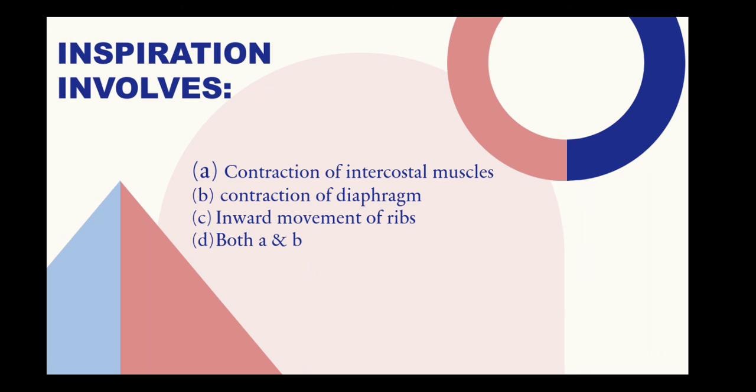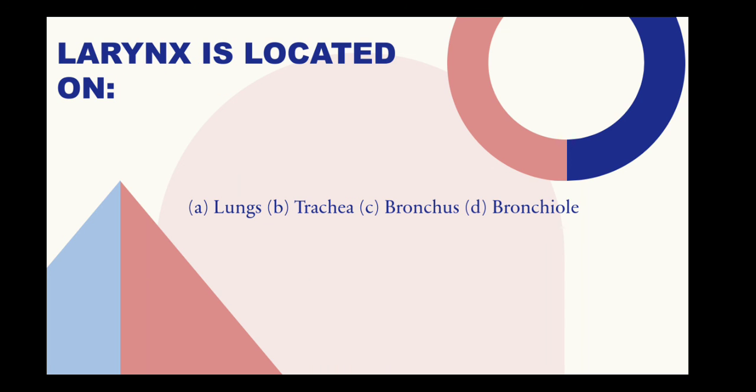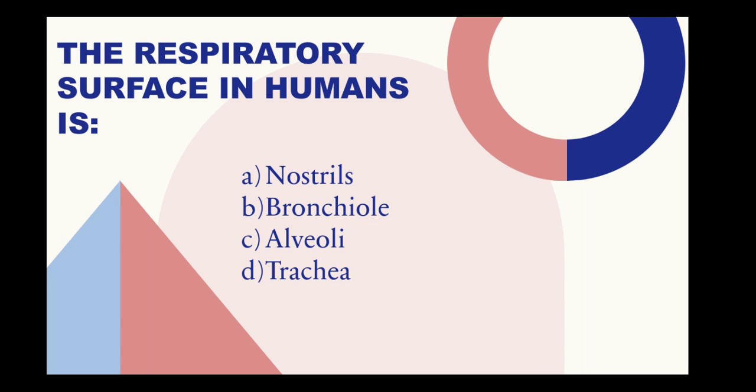Inspiration involves contraction of intercostal muscles, contraction of diaphragm, inward movement of ribs, both A and B. Larynx is located on lungs, trachea, bronchus, bronchiole. The respiratory surface in humans is nostrils, bronchiole, alveoli, trachea.